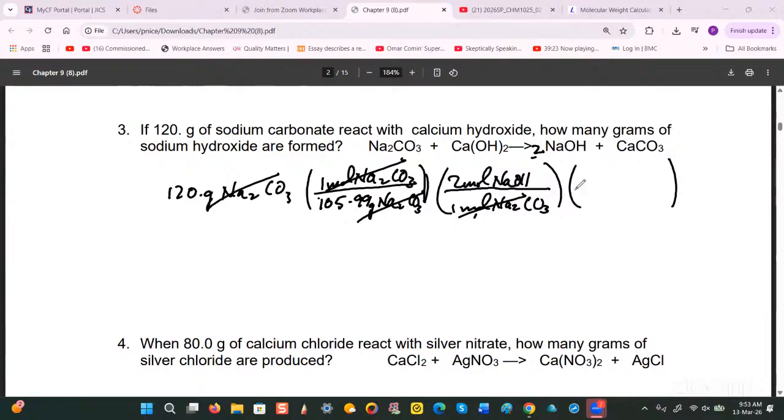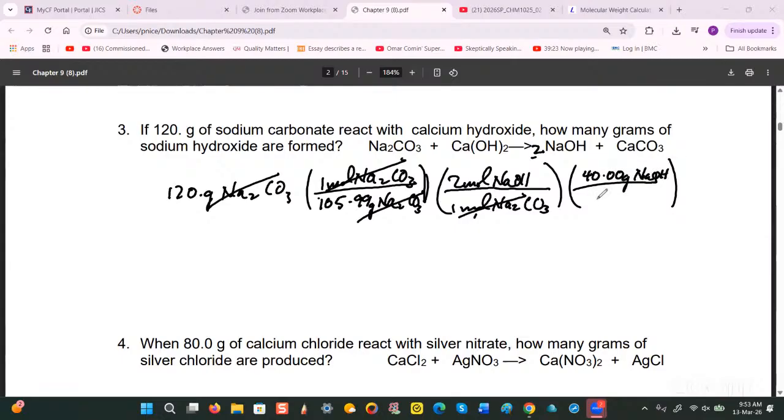Next step. Next conversion factor. What would go up top and what would go below? The molar mass of sodium hydroxide. Okay, so the molar mass of sodium hydroxide will go up here, right? And we saw from the previous problem that that is 40.00 grams of sodium hydroxide, all right?